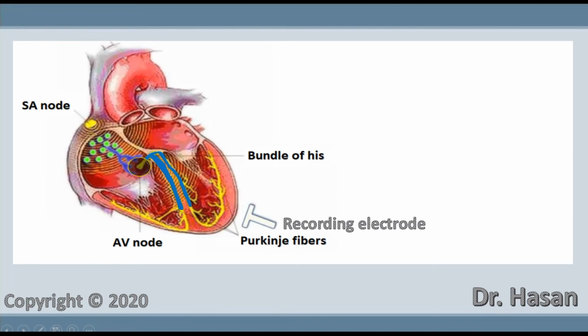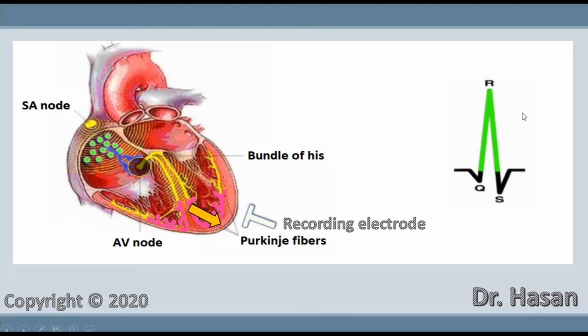This is necessary to understand why one wave has an upward direction and another has a downward direction. If the excitation vector is directed away from the recording electrode, then on the ECG a negative wave is recorded. And if the excitation vector is directed toward the recording electrode, then on the ECG a positive wave is registered.